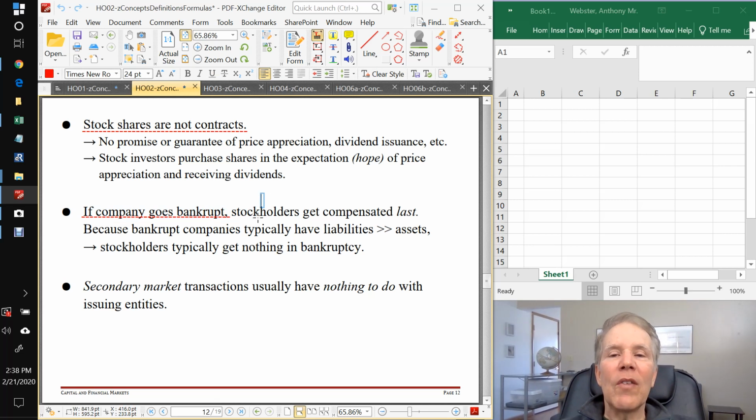Why? Because debt capital, debt has these contracts where it says in the contract, if the company runs into trouble, the debt folks get paid with whatever is left of the company first. And if you're in bad enough shape that you go bankrupt, the debt holders don't get paid 100% of what they're owed, and so there's absolutely zero left for the shareholders. Okay.